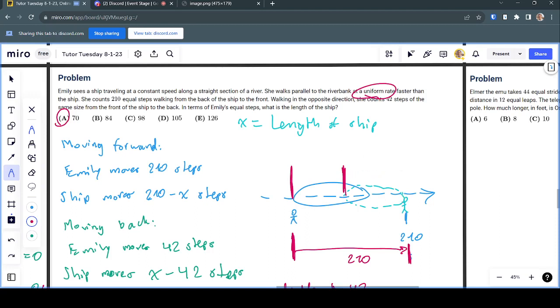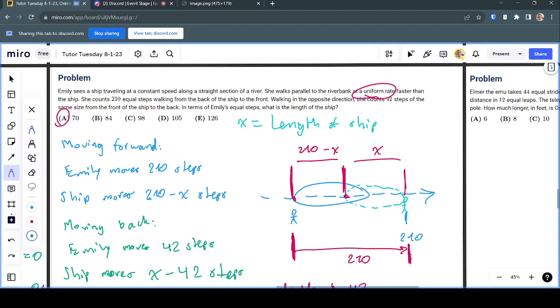But the ship, if you measure it from the back reference point, did not move the full 210 steps. It actually moved 210 steps minus its length, which we called x. If this portion is 210 minus x, this portion is x. In total, these two will sum up to 210 because that's the number of steps that Emily went.